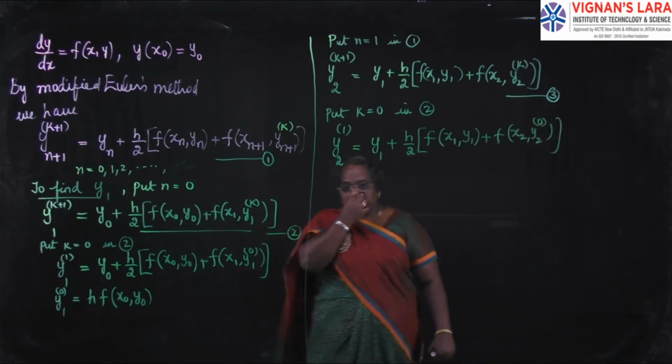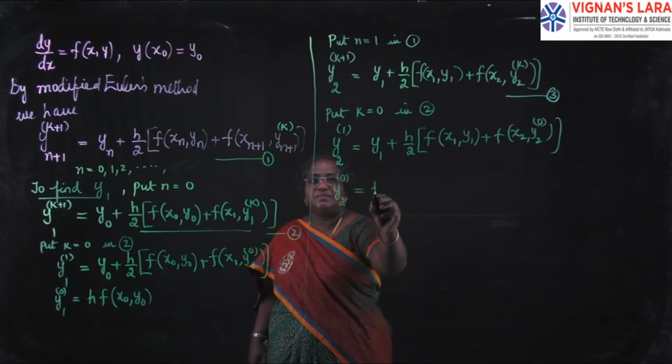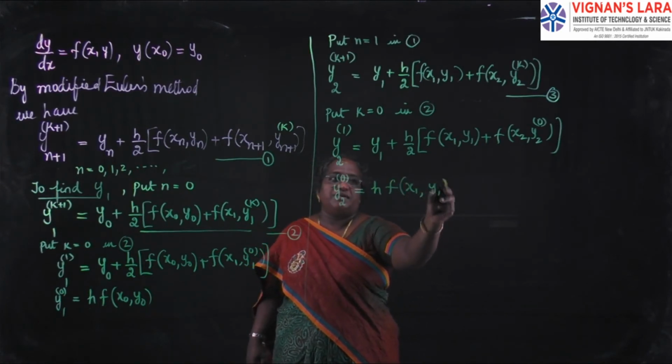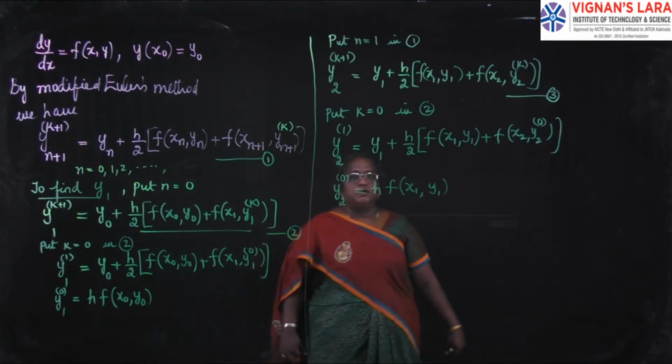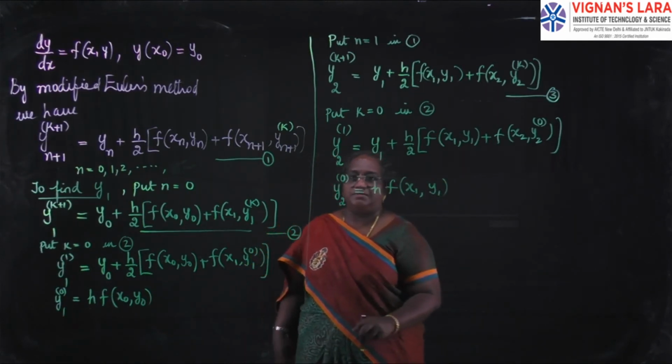What is the zeroth approximation of y2? It is nothing but h into f of x1 y1. This is just by Euler's method.